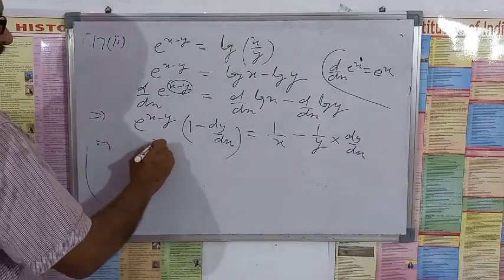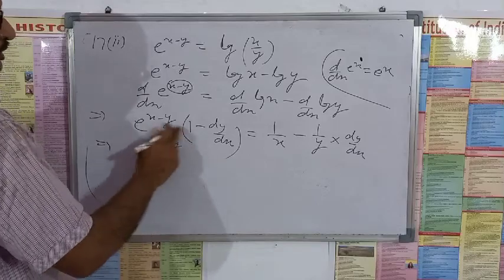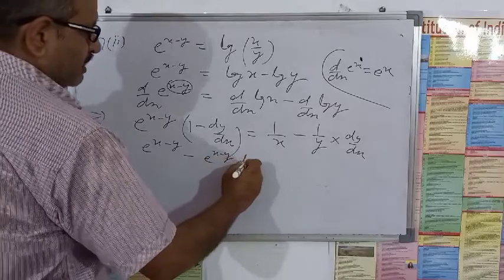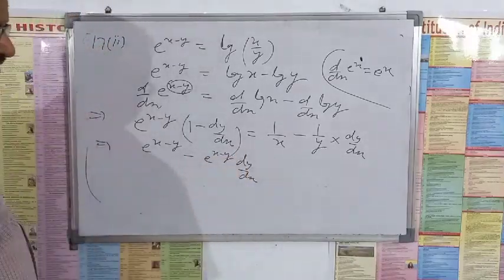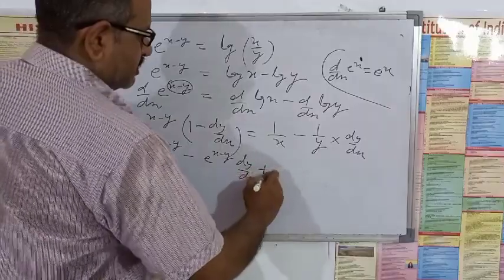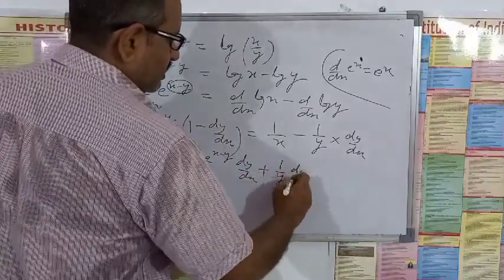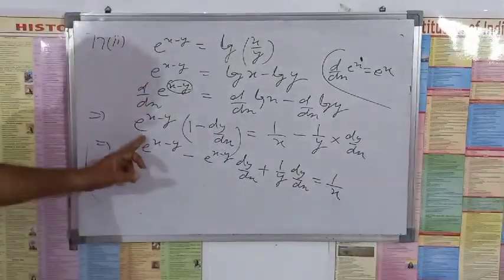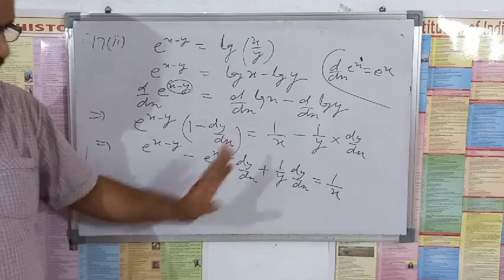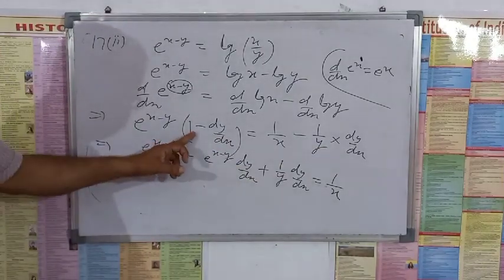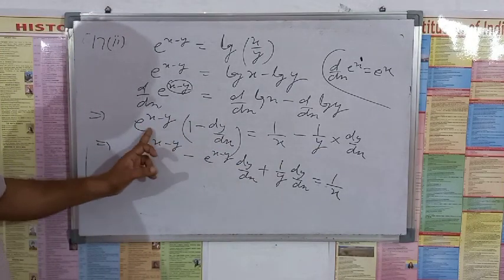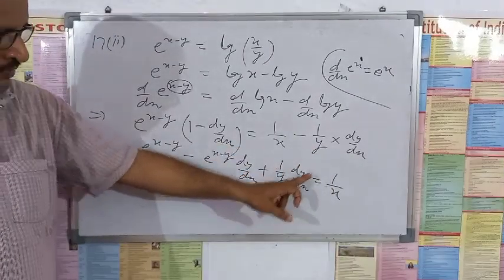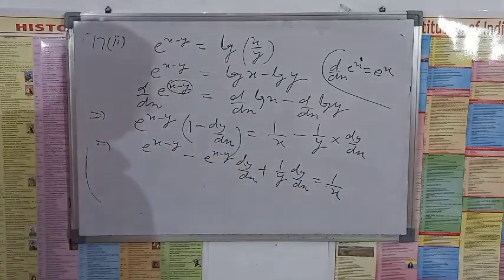Open the bracket. e to the power x minus y into 1, minus e to the power x minus y dy by dx, and transpose it, plus 1 upon y dy by dx is equal to 1 by x. Firstly open the bracket, then transpose this one.